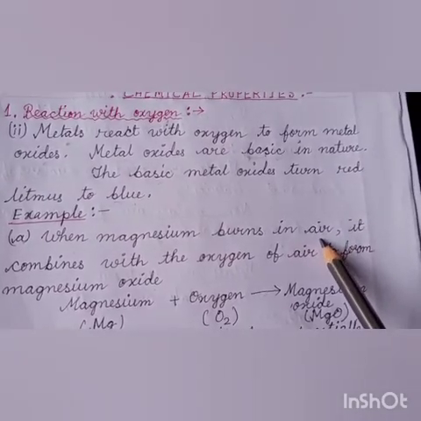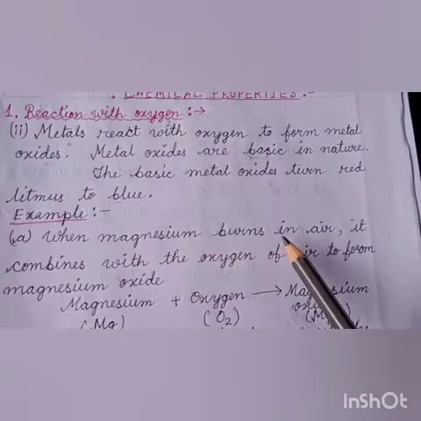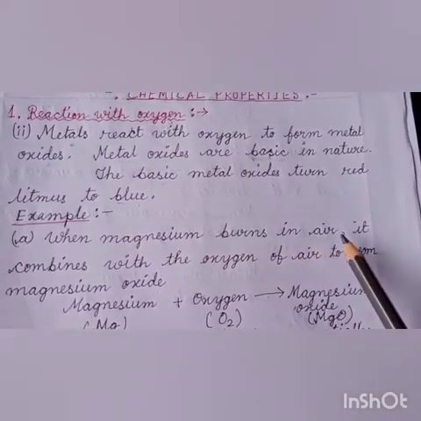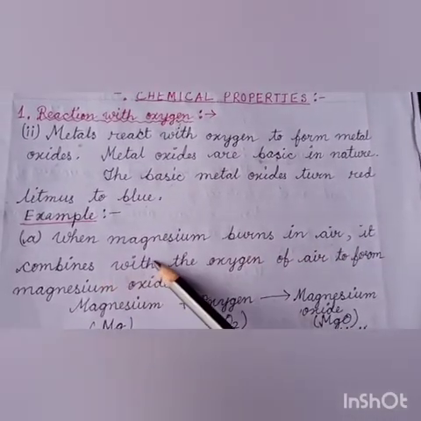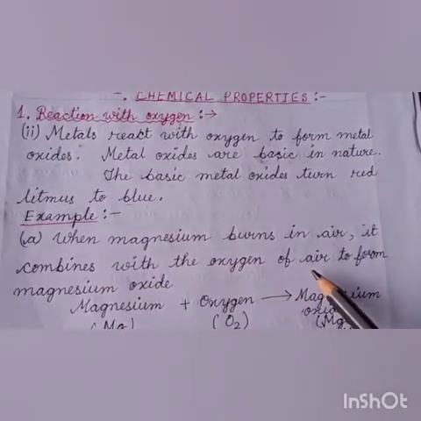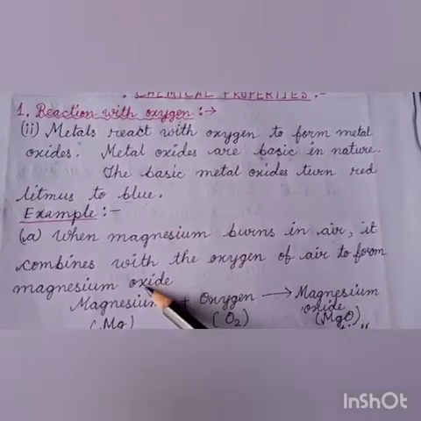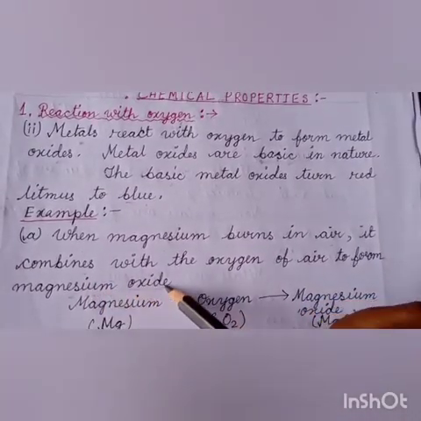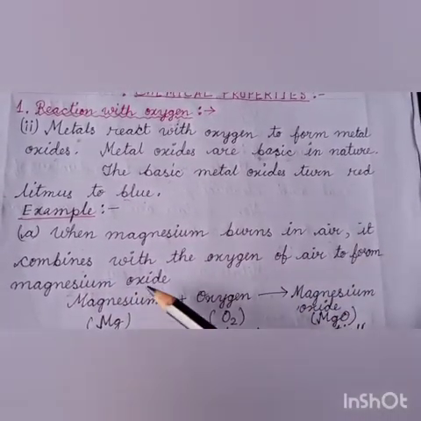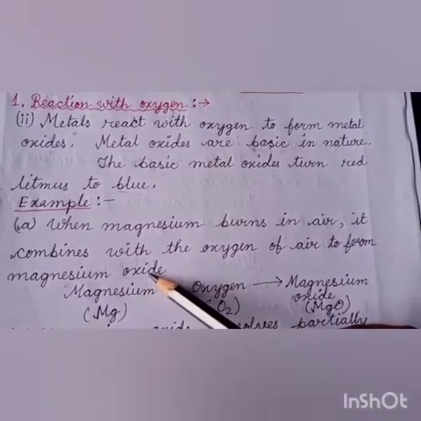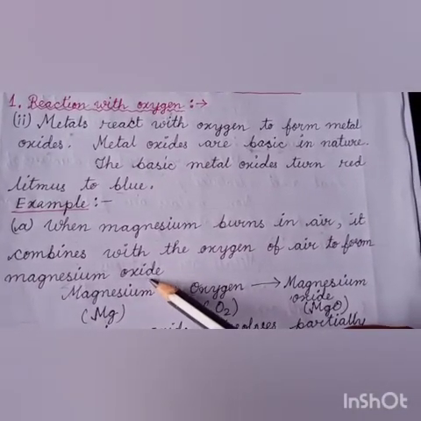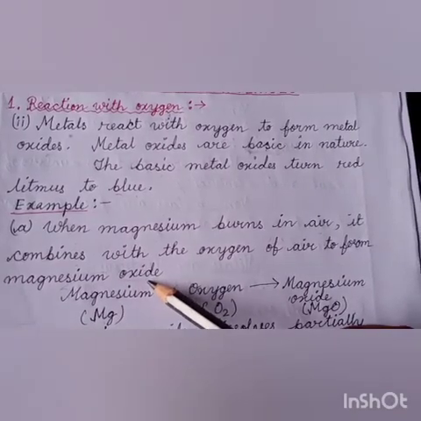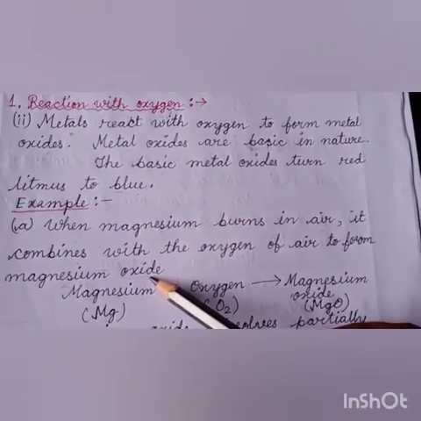Air contains oxygen. So when magnesium ribbon is burnt in air, it combines with the oxygen of air to form magnesium oxide. Magnesium oxide is a white colored ash. The name is magnesium oxide.